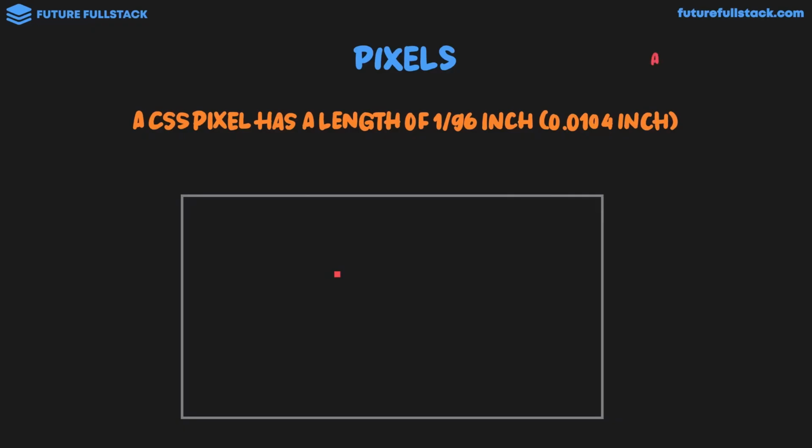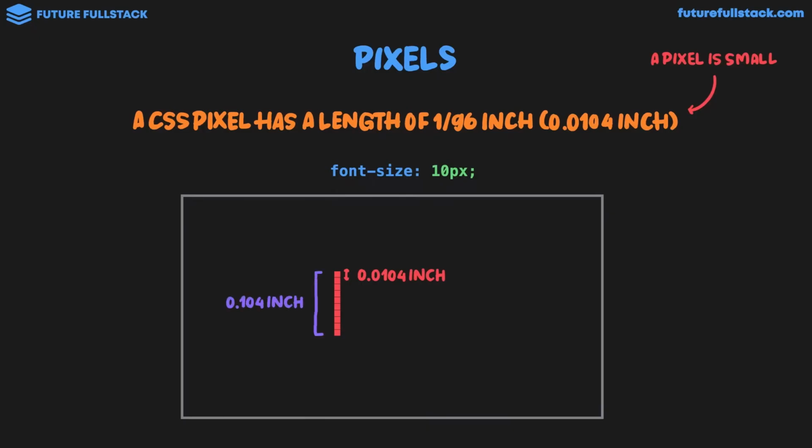In a nutshell, a pixel is small. So our pixel over here has a length of 0.0104 inches. If we applied the CSS rule font size as 10 pixels, it would mean that the size of the font would be 10 times this 1 pixel, which would be 0.104 inch.